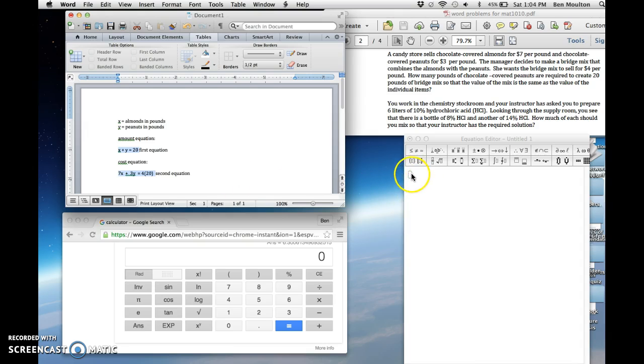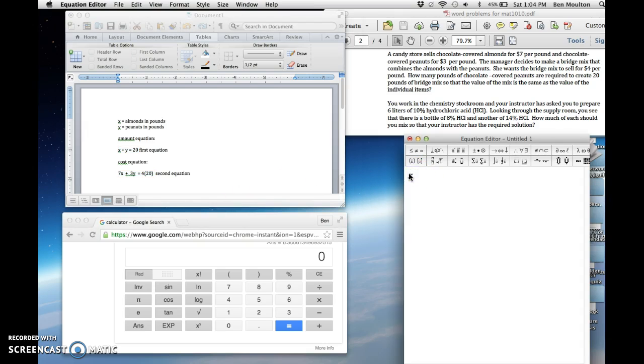So we'll go x plus y equals 20, and the other one is 7x plus 3y equals 4 times 20, which is 80. We're already set up to solve this using the elimination method, also called elimination addition.